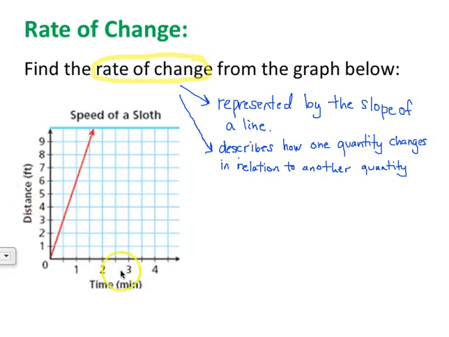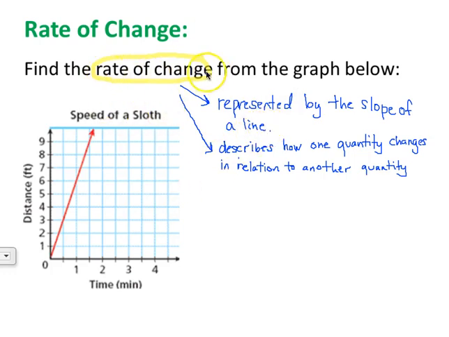So looking at this graph, the rate of change is comparing the time and distance that a sloth travels. And again, it's also really just the slope of a line. Rate of change is represented by the slope of a line.